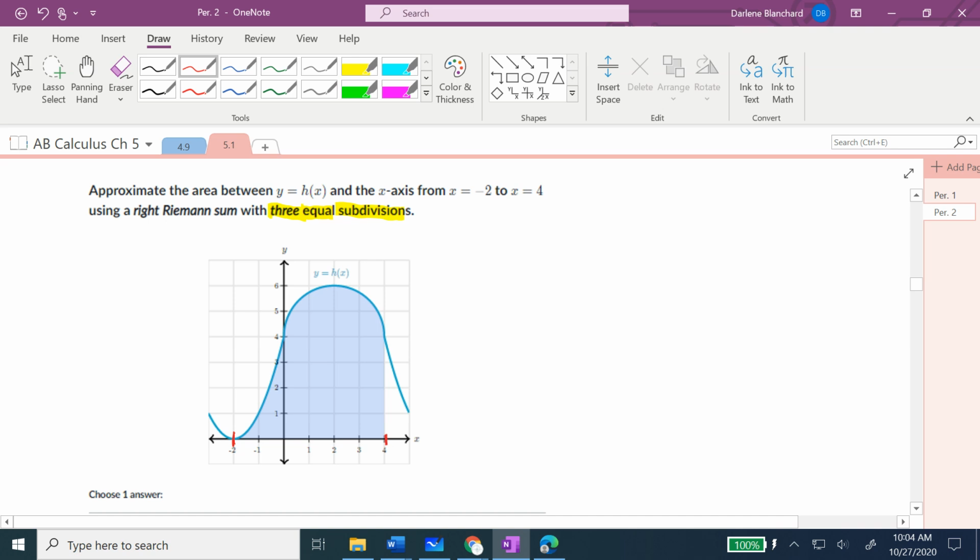So all you have to do is cut that interval into 3 equal pieces. And notice that each of these 3 equal subdivisions has a length of 2. And I'm just emphasizing that these are little delta x's.